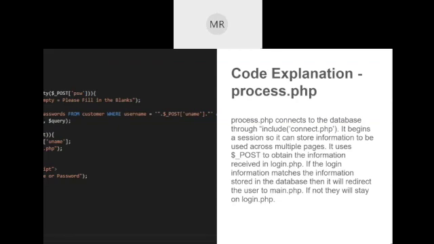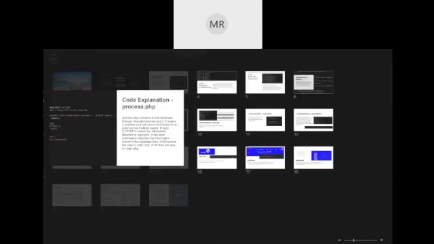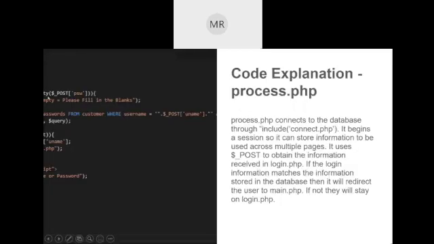Next we have process.php, which obtains the data from login.php. Process.php connects to the database, which includes connect.php. It begins a session, so it can store the information to use across multiple pages. It also uses the dollar post, to obtain the information received in login.php.